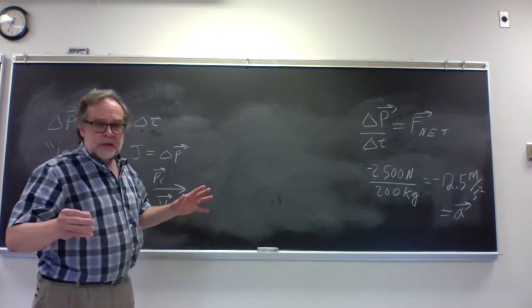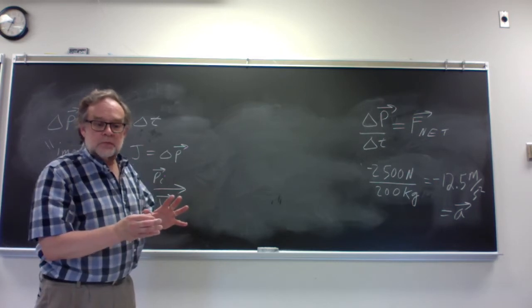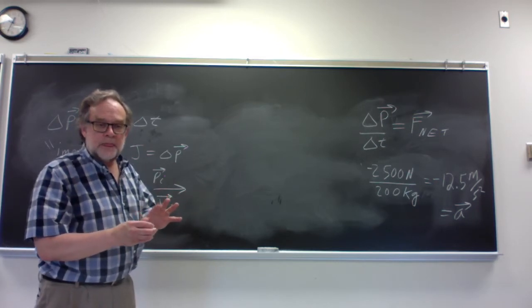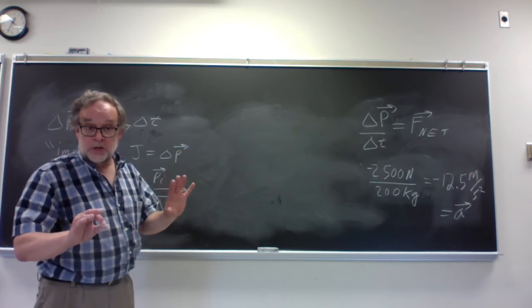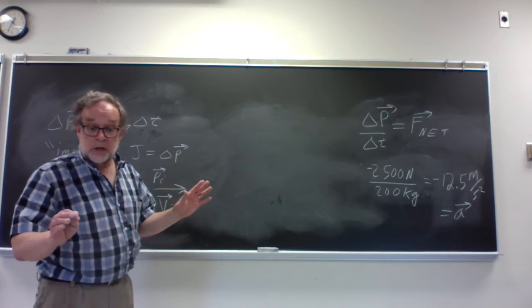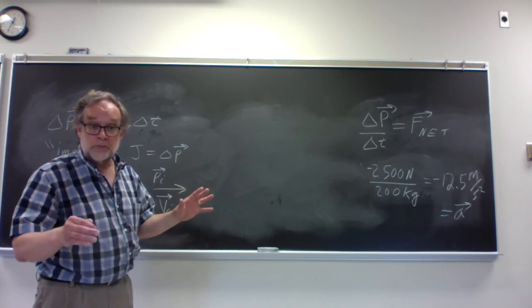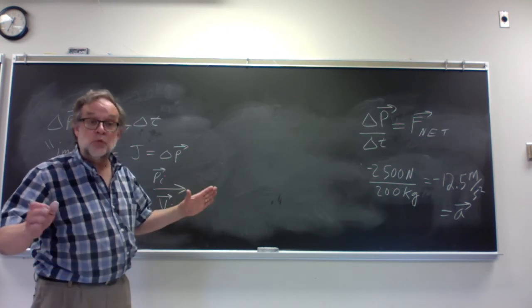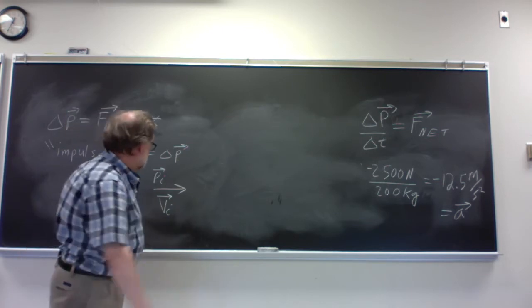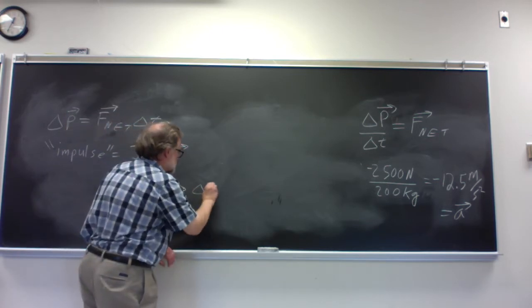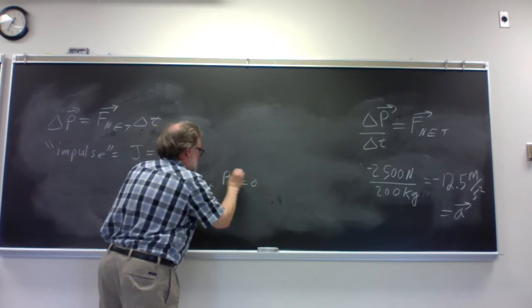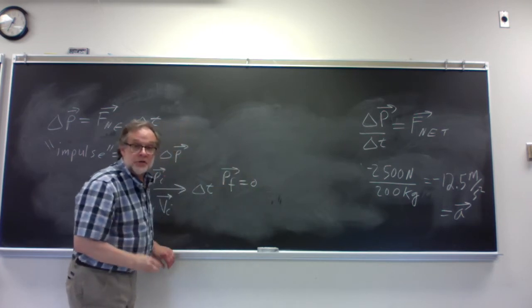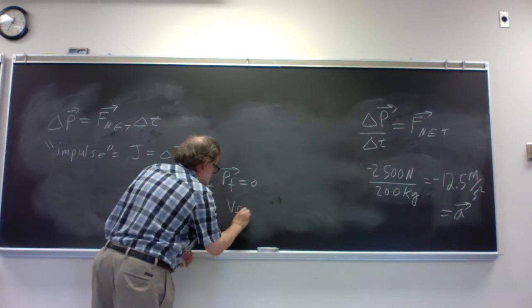But then, as soon as that collision has completed, and it takes a very short amount of time, it's not zero time to complete the collision, you come to a stop, your car comes to a stop, not instantaneously, but within a short time interval. So after that short time interval, you no longer have any momentum because you've come to a stop.